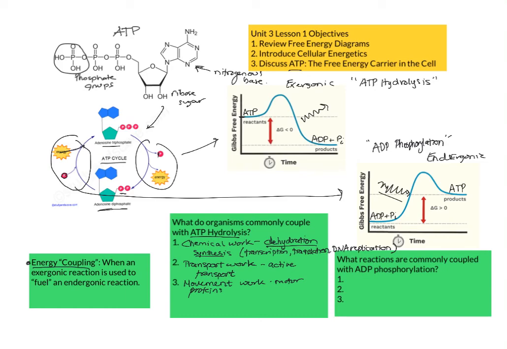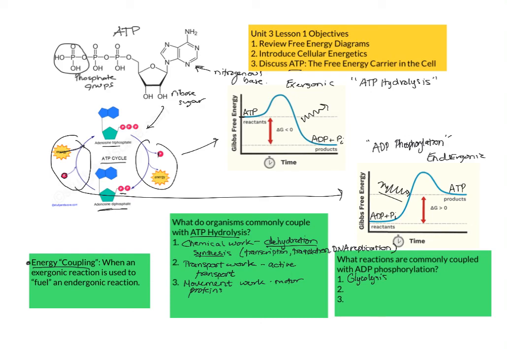Now the last part of this is the reverse. ADP phosphorylation is an endergonic process. So what exergonic processes are coupled with ADP phosphorylation? And this is what we're going to really learn about in Unit 3. The first two processes are part of cell respiration. The first one is called glycolysis.